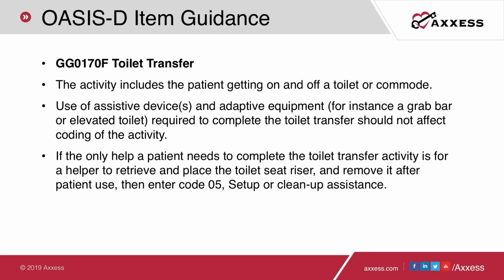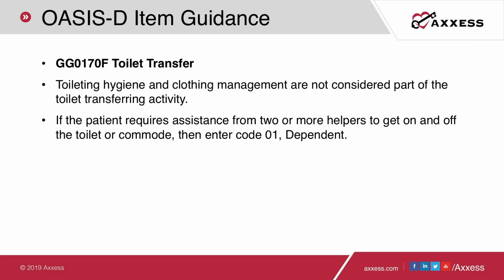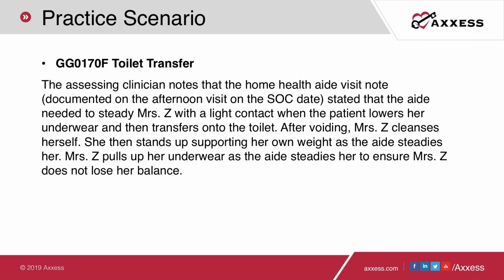If the only help a patient needs to complete the toilet transfer activity is for a helper to retrieve and place the toilet seat riser and remove it after patient use, then you're going to code a number 5, setup or cleanup only. Toileting hygiene and clothing management are not considered part of the toilet transfer activity. If the patient requires assistance from 2 or more helpers to get on and off the commode, then it's automatically a number 1, dependent.